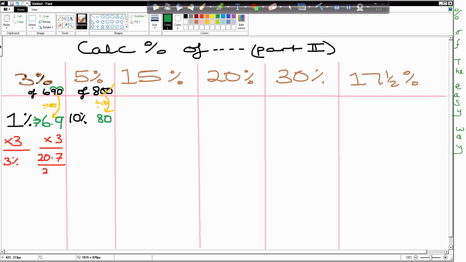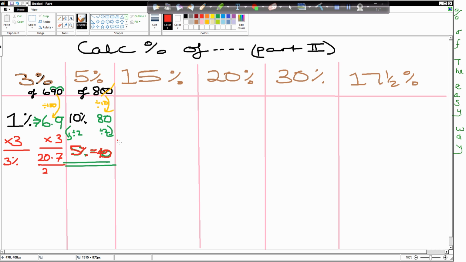And now from 10%, we halve the 10%, because half of 10 is 5%. And then half of 80 is 40. Okay, are we happy with that? You can explain that again. Of course, yeah.